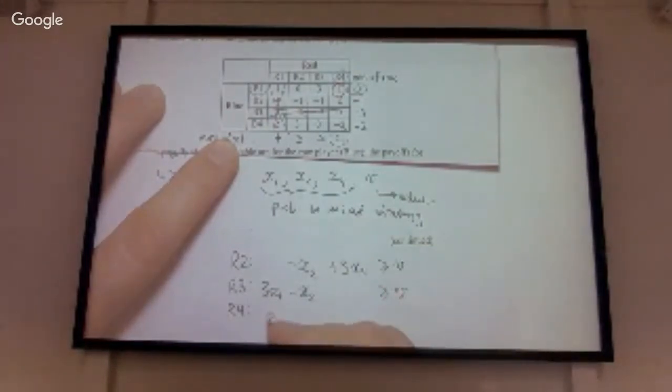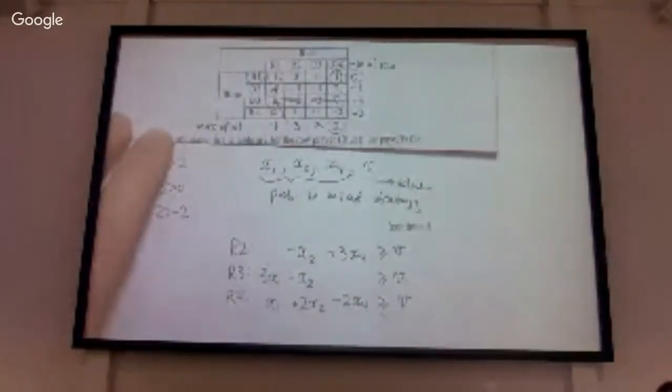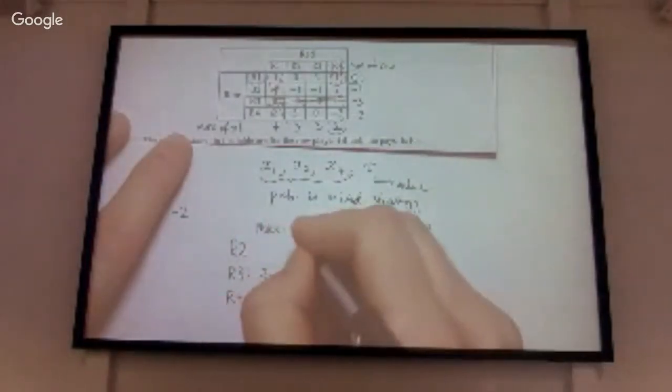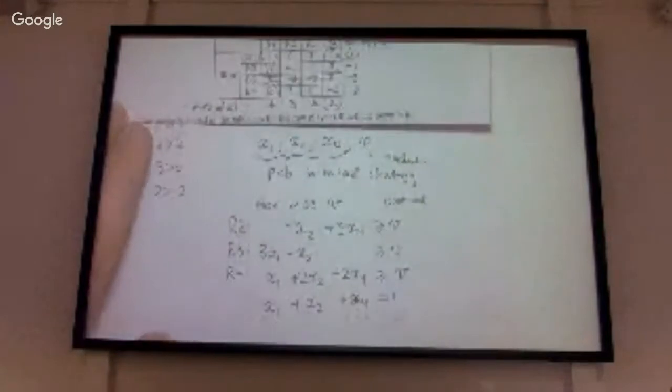And the last one is x1 plus 2x2 minus 2x4 is greater than or equal to v. The objective is to maximize the value. And of course, because they're a probability distribution, you want x1 plus x2 plus x4 to sum to 1.